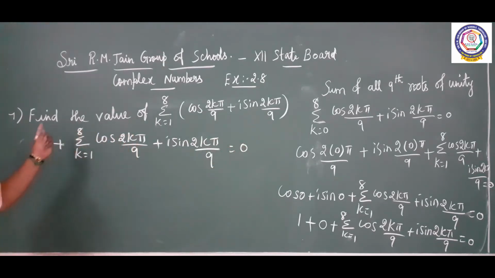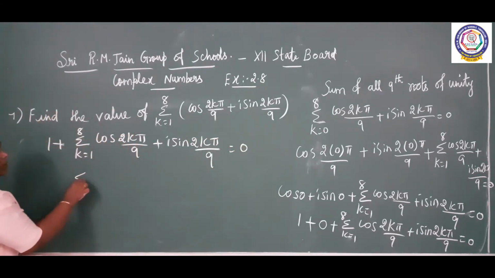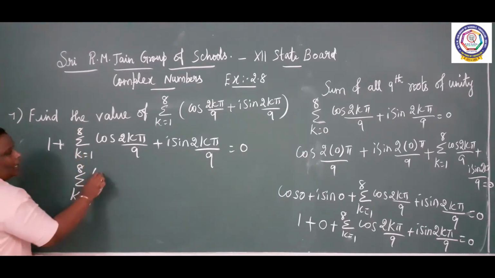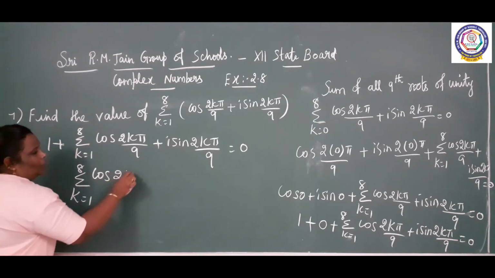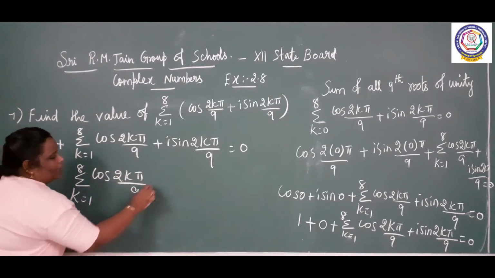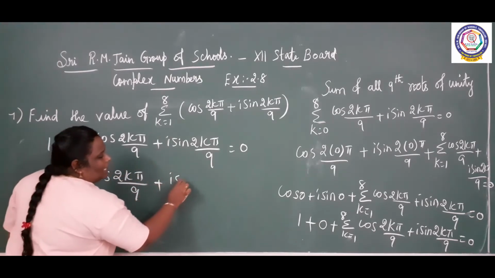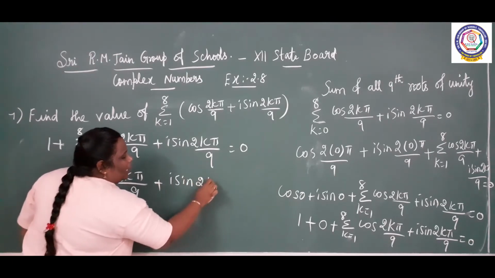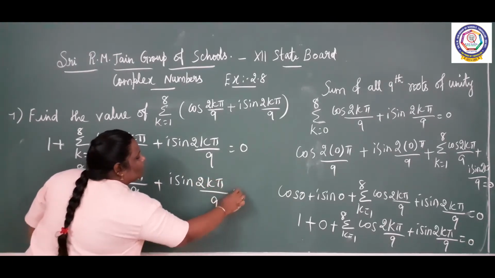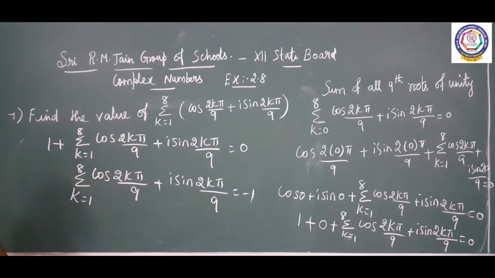You can bring that 1 to the next side. What is the value? Sigma k equal to 1 to 8 cos of 2k pi by 9 plus i sine of 2k pi by 9 equal to minus 1. Hence the proof.